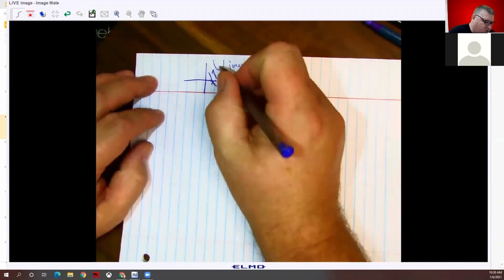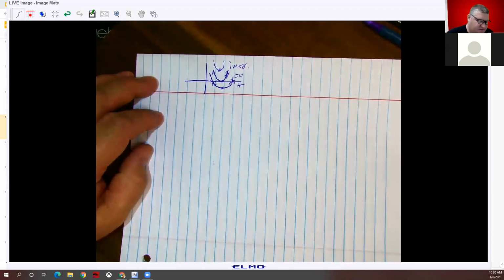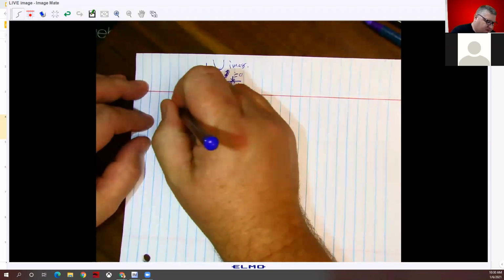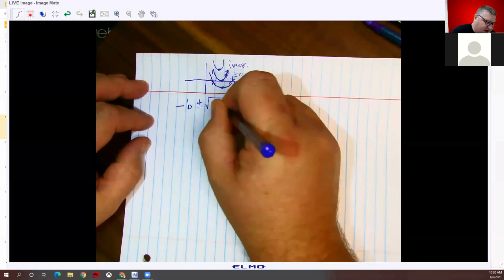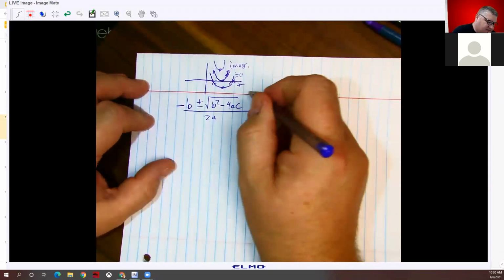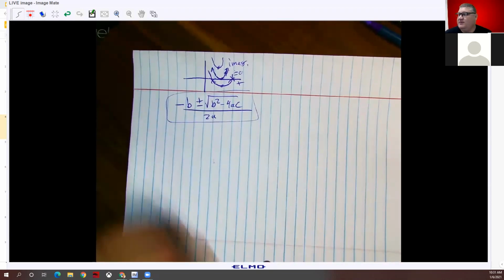Well, here's the thing. We need to know where the vertex of each of these is. And we need a different way, a little more complete way to graph it. The good news is we already have all the tools we need to graph a parabola. And it's all contained right here in the Rosetta Stone of parabolas.